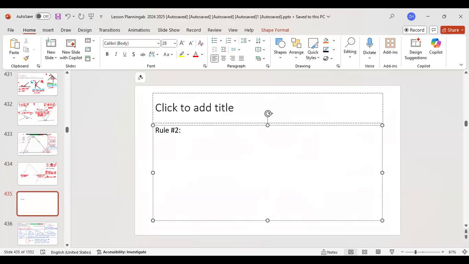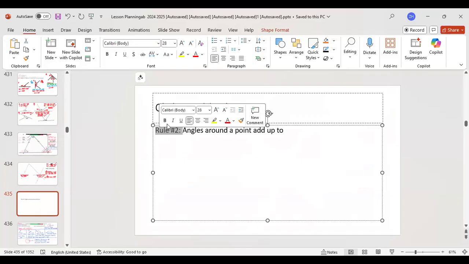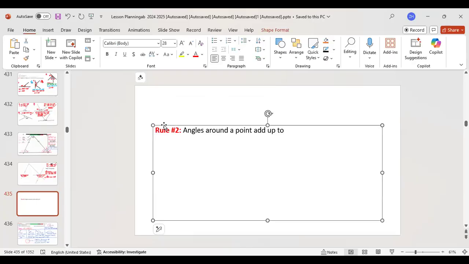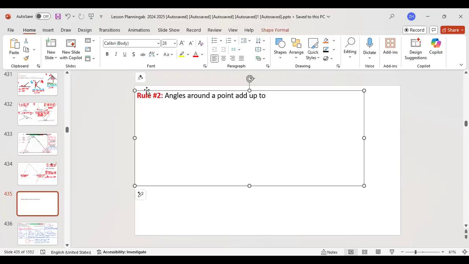Rule number 2 says that angles around a point add up to how much? Angles around a point add up to 360 degrees. Very good, 360 degrees.